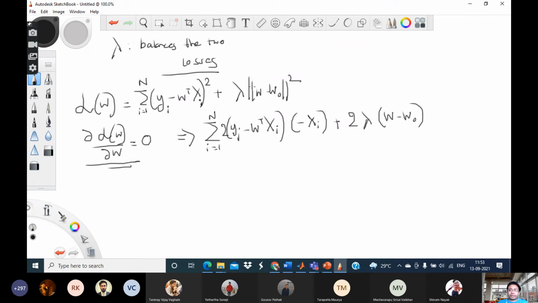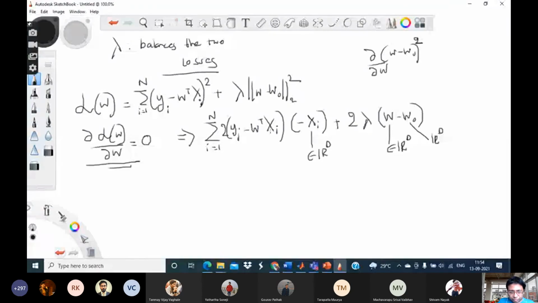This is the same thing as if W and W naught had been scalars, and instead of this L2 norm you had just this thing, and you had taken the derivative with respect to W, then also you would have got the same thing. The only difference is that in this case what you have got is a vector. This is a d-dimensional vector, this is also a d-dimensional vector, so you can subtract them, and this Xi is also a d-dimensional vector, right?